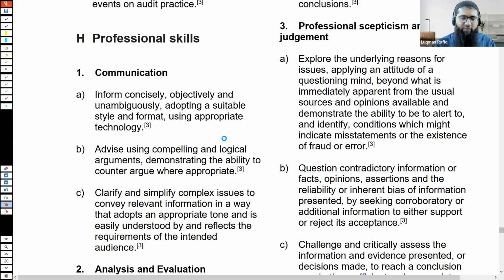So you have been doing the communication, and it's all about the way you present the information, define it, explain it, and make a complex situation present in a simple manner. All of this is the demonstration of the communication skills.